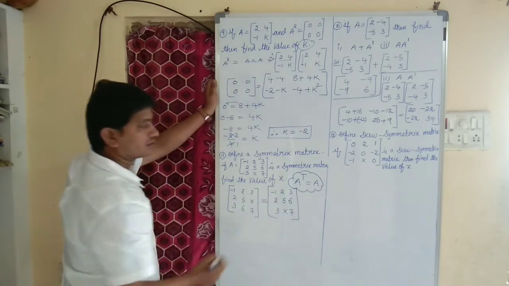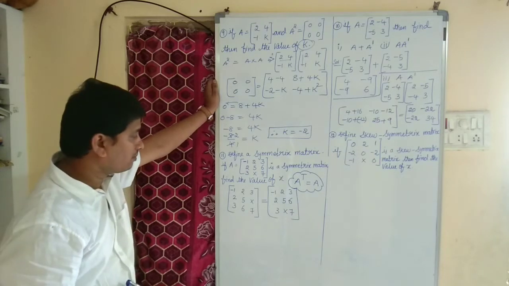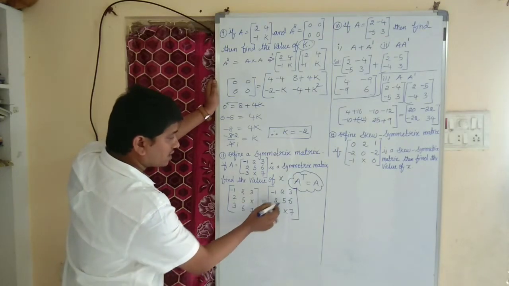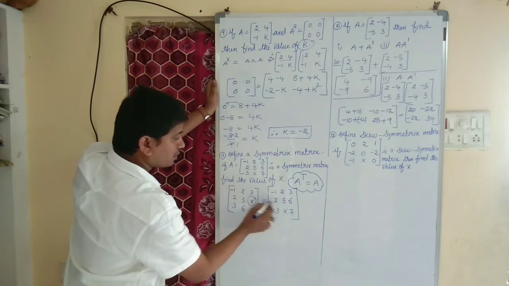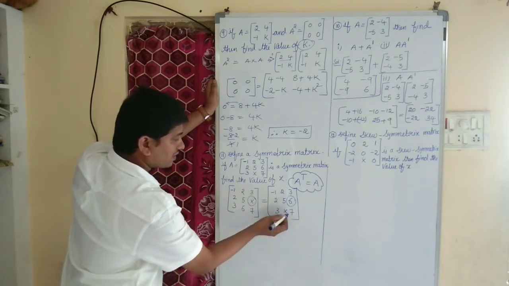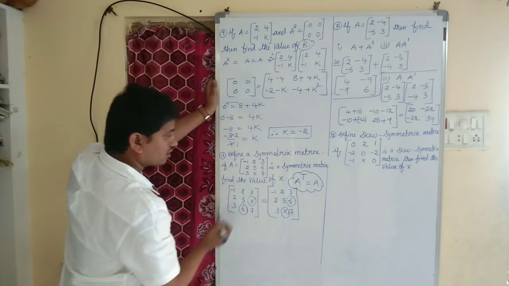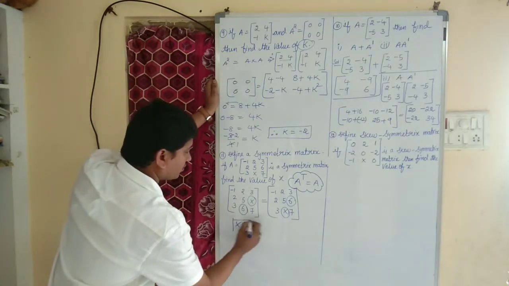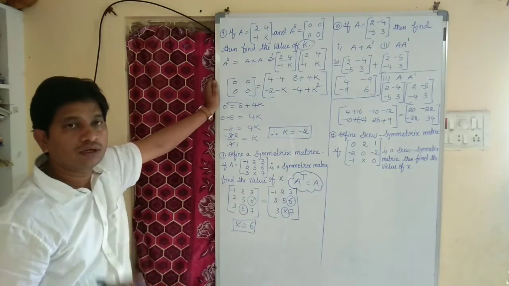Right? Let us equate corresponding elements. What is the corresponding element of x here? The corresponding element is 6, right? The corresponding x is 6 here, as well as 6 here. So what is the value of x, children? The x value is 6. So the most important question, symmetric matrix.